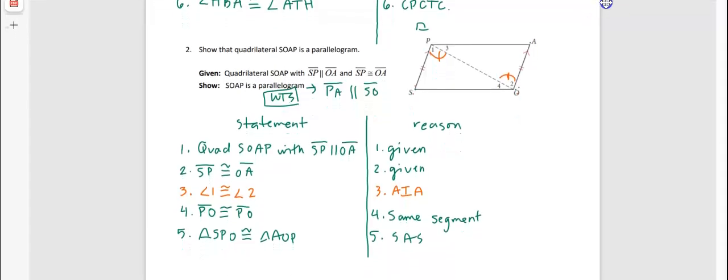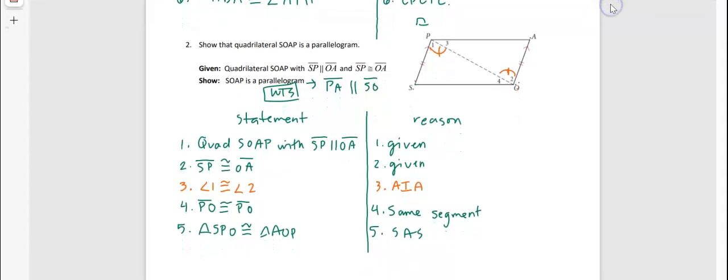Then I'm going to establish that angle 3 is congruent to angle 4. Watch this. This is great. So we can say angle 3 is congruent to angle 4. That is by CPCTC.